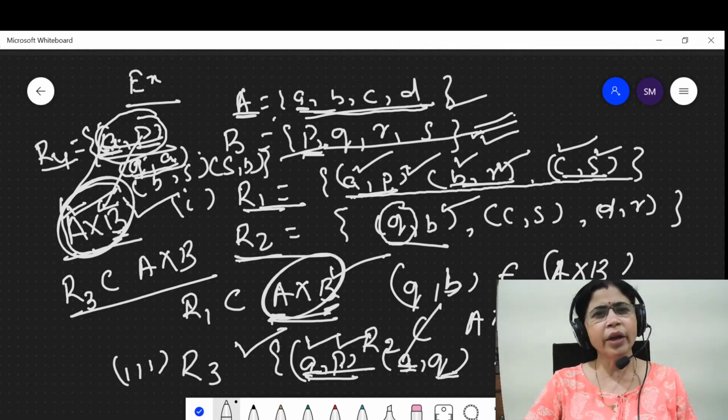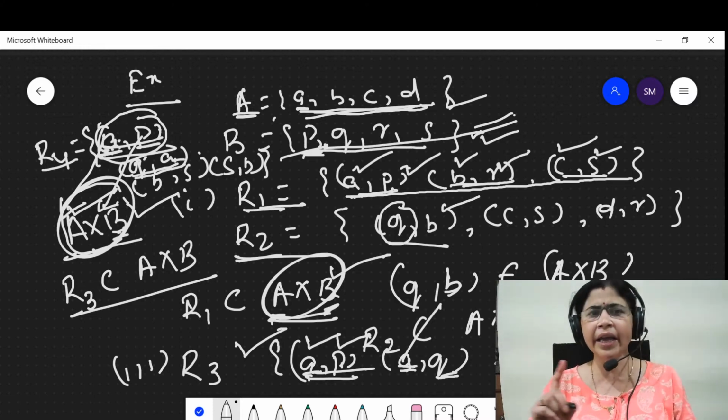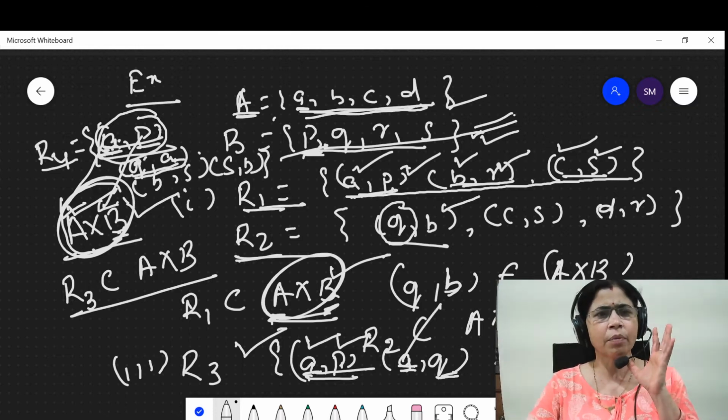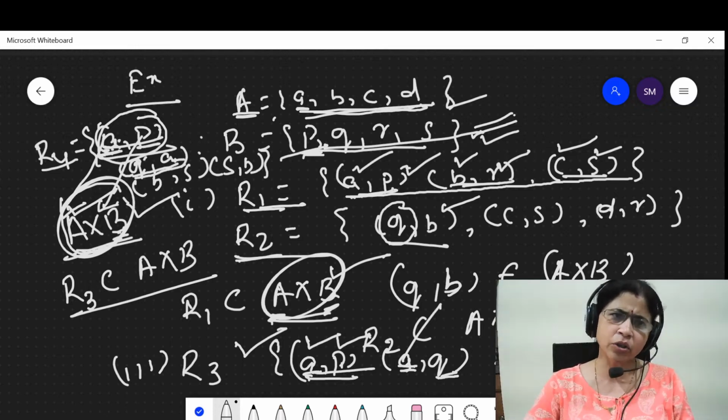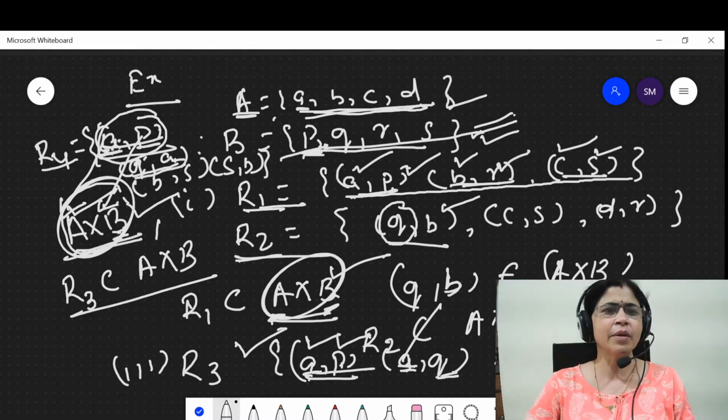No, Q is not an element of A. Is A an element of B? No, A is also not an element of B. This shows that QA doesn't belong to A cross B. This means R4 is not a subset of A cross B.